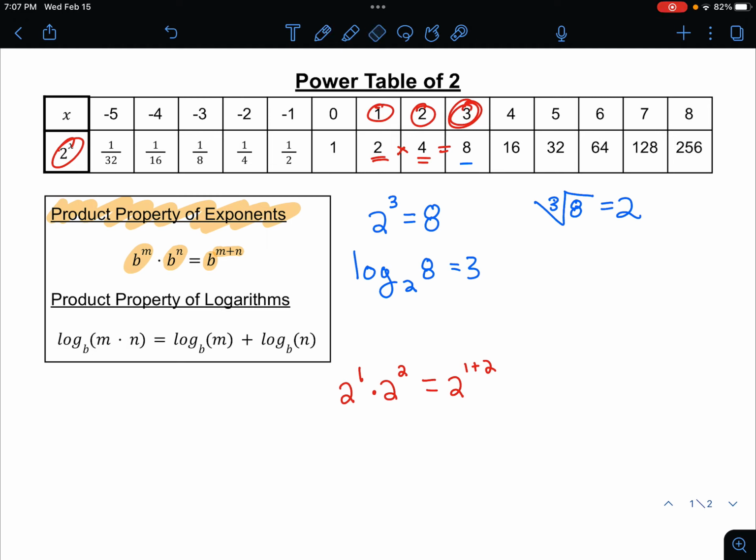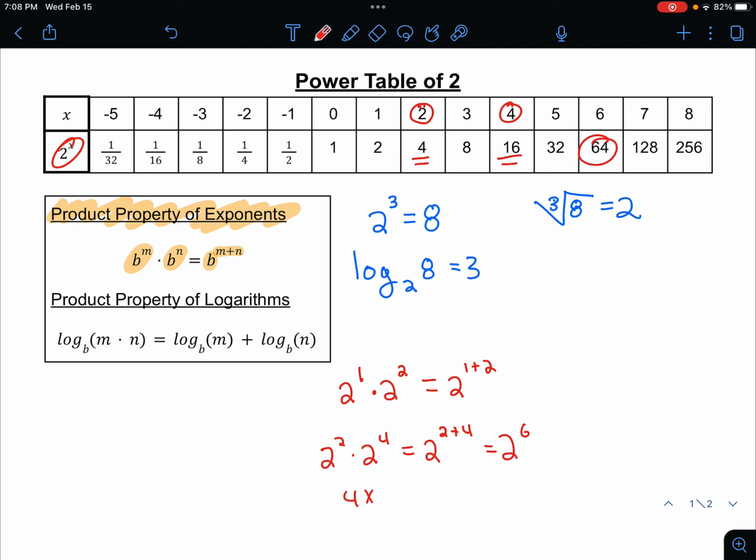And this works regardless of where we choose to do this. So if we picked, for example, 2 to the power of 2 is 4, and 2 to the power of 4 is 16. So 2 squared is 4, 2 to the 4th is 16. Well, this should equal 2 to the 2 plus 4, which equals 2 to the 6th, which is 64.